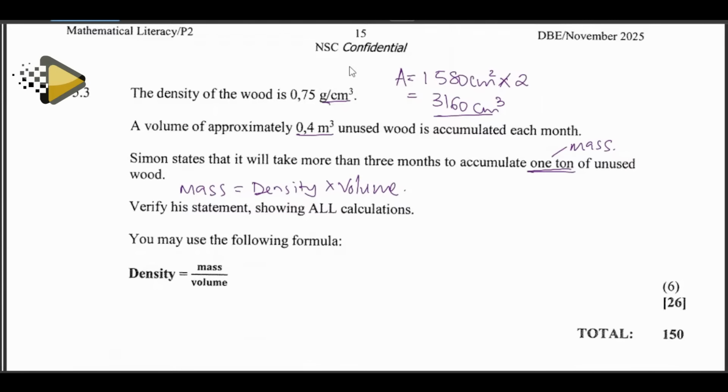Okay, now we are continuing. We are looking for the ton, mass. They are telling us the volume of approximately 0.4 meters cubed of unused wood is accumulated each month.